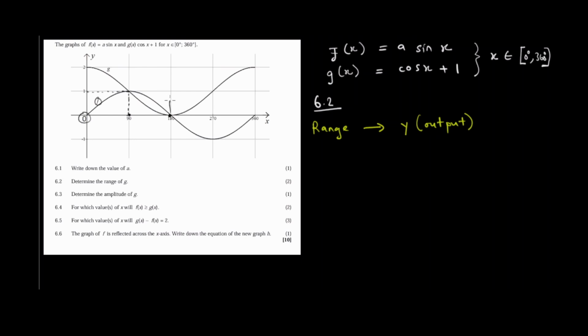Then it is going to rise to this point, which is actually a 2. So simply put, our range is equal to the closed interval 0, 2.